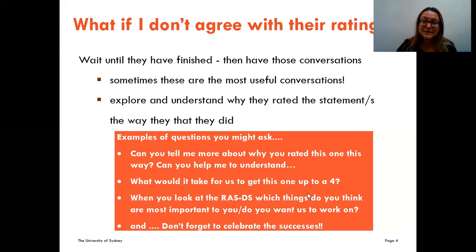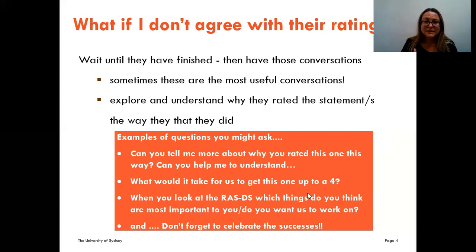So you might ask, can you tell me more about why you rated this one like this? Can you help me understand that? Or what would it take for us to get this one up to a four score? What do you reckon we could do together to help you get it up there?